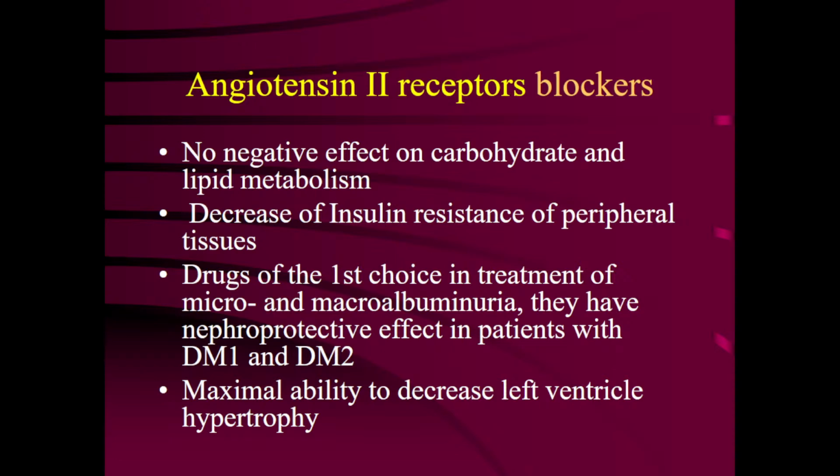They have also a nephroprotective effect in patients with diabetes mellitus type 1 and type 2. And they have the maximal ability to decrease left ventricle hypertrophy. Please remember about this action.